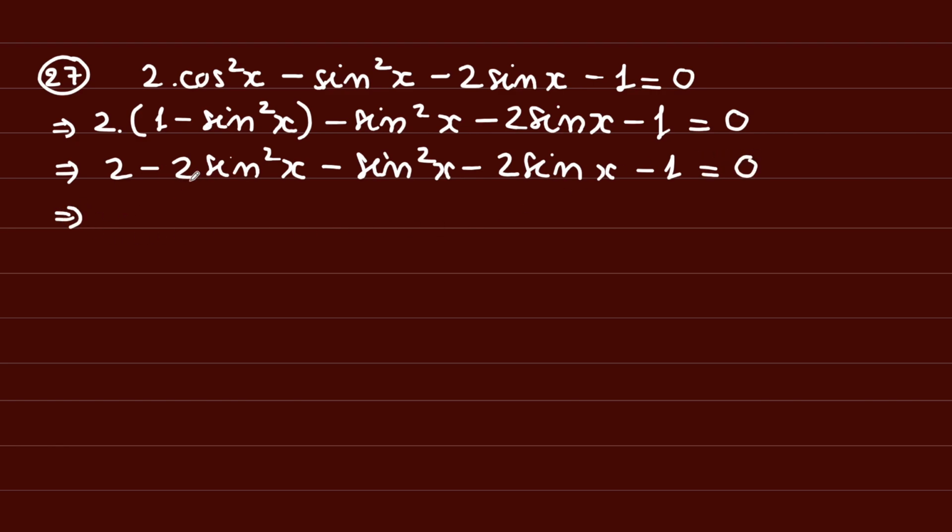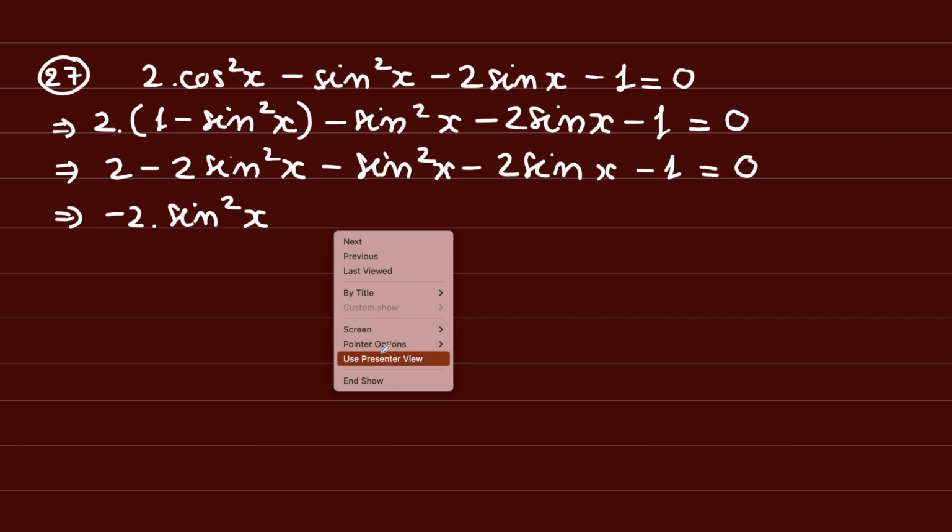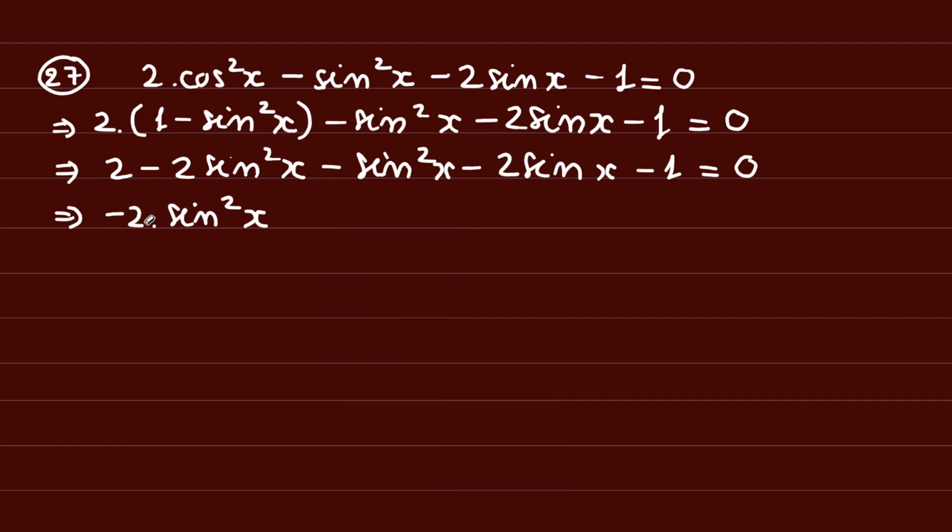Simplify this, we can combine the sine square terms and this becomes minus 3. Minus 2 sine x and 2 minus 1. Here is 2, this is minus 1. You got plus 1 equal to 0.